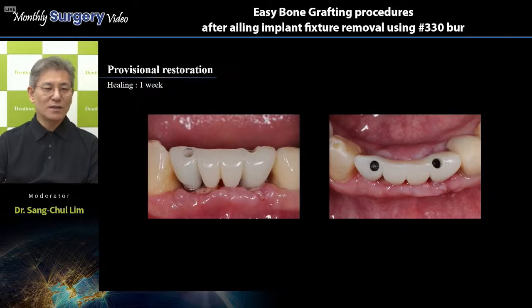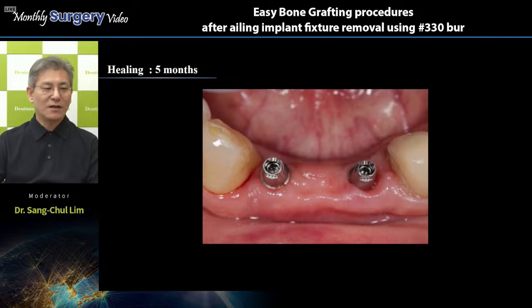The hole was incisal. Why? Because for this provisional restoration, the first priority is easy retrieval, right? So insertion and retrieval is the main point of making a temporary provisional restoration. That is why we make the screw hole incisal.